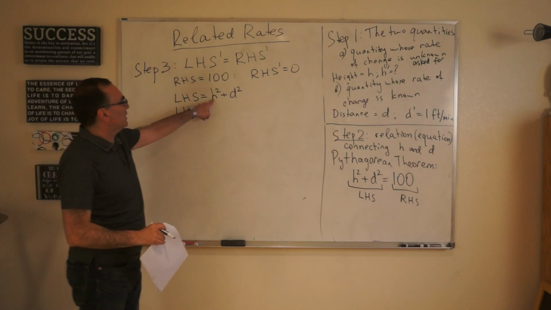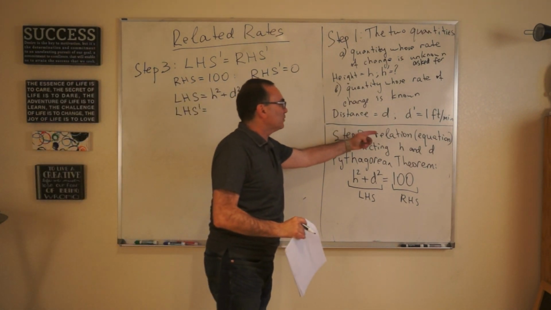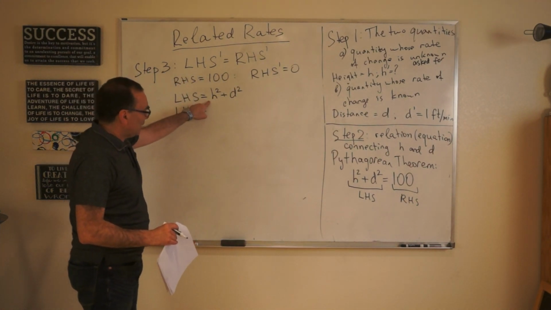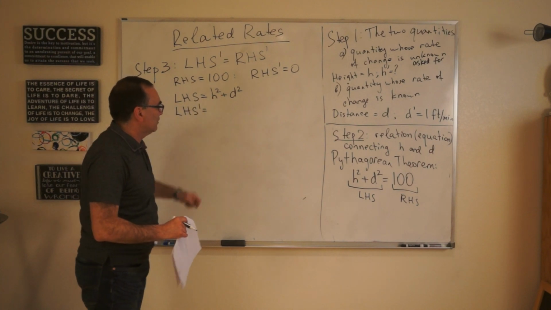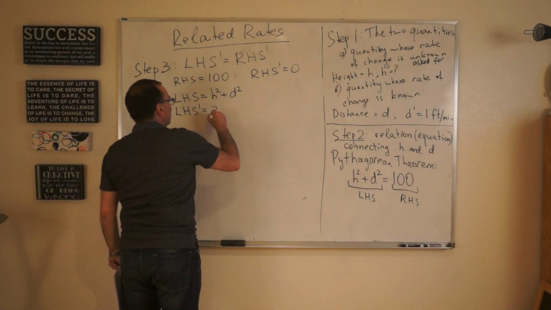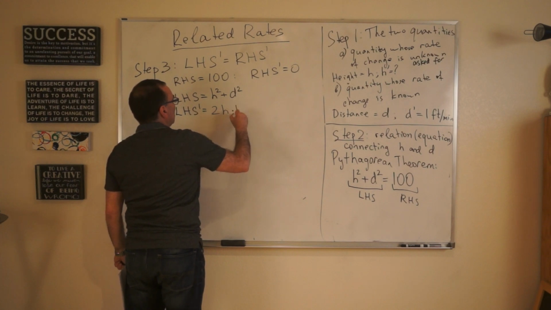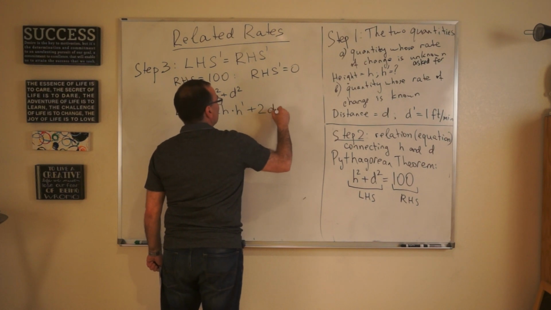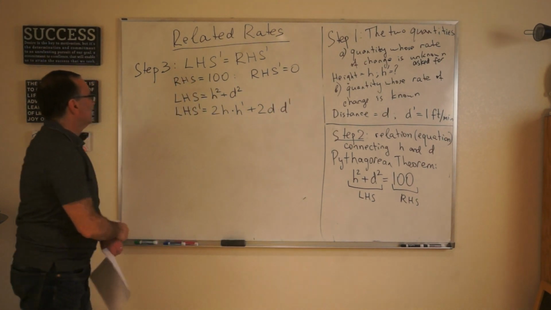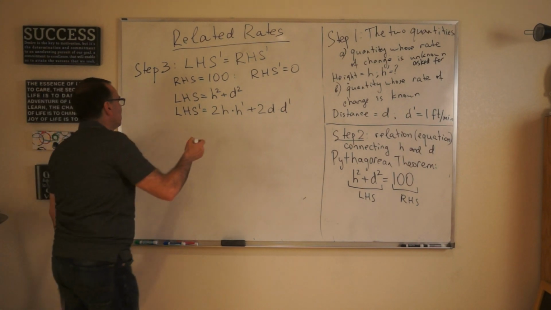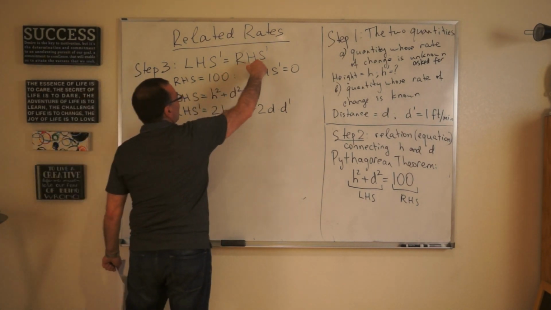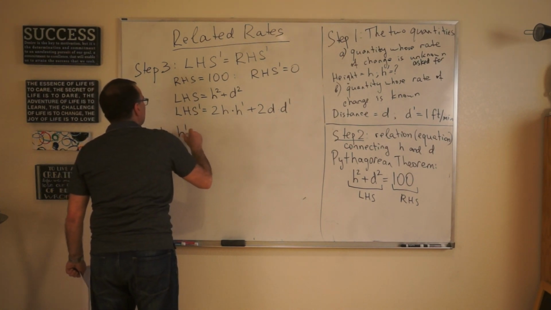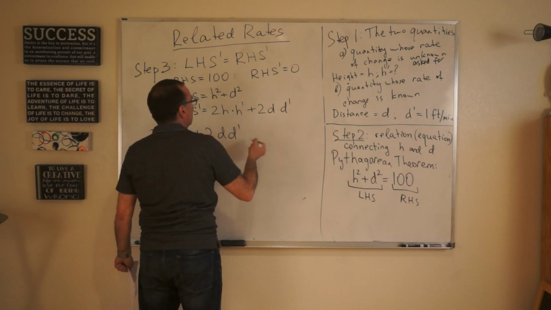Remember that both h and d are functions, so when we take the derivative, we do it the normal way and then multiply by the derivative of that function. So the derivative of h squared is 2h times h prime, plus, and here we do the same, 2d times d prime. That's the left hand side derivative. And since the left hand side derivative equals the right hand side derivative, which is 0, we end up with 2h times h prime plus 2d times d prime equals 0.